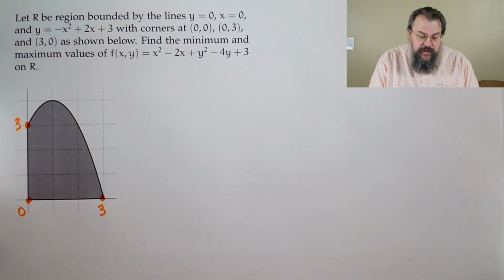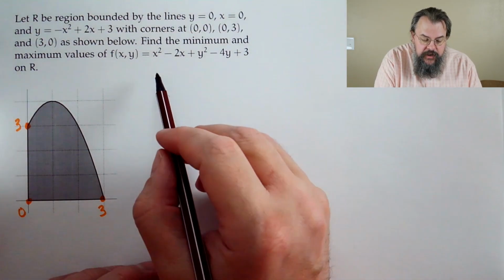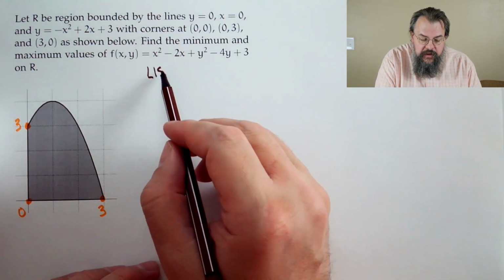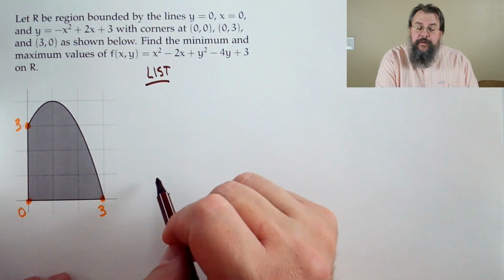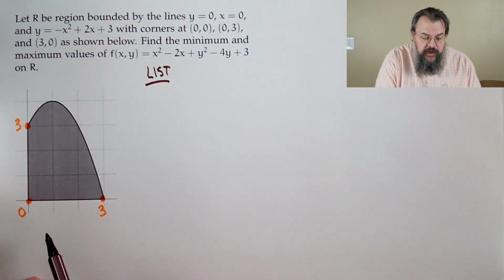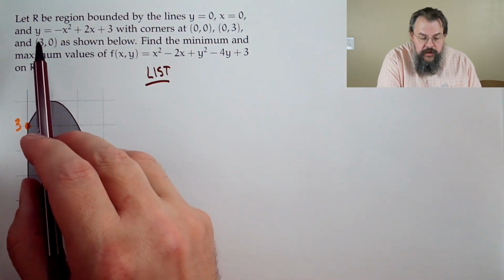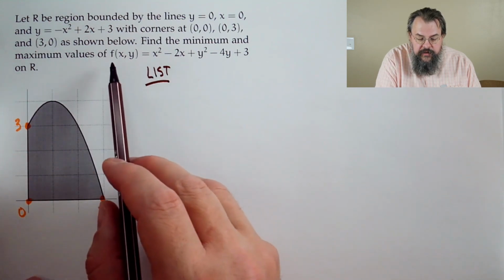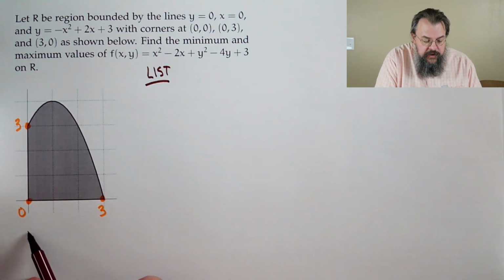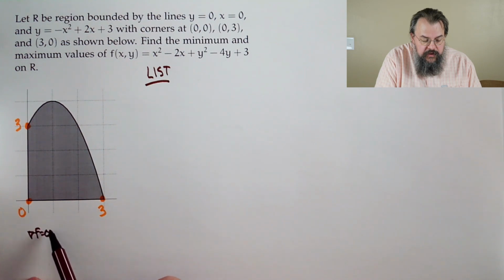Okay, so let's start with the interior. So we're making our list, and we'll probably have a lot of points on our list. On the interior, our function, well, where's our function? There it is. It's f. So we're going to set our gradient equal to 0. So this is our interior.